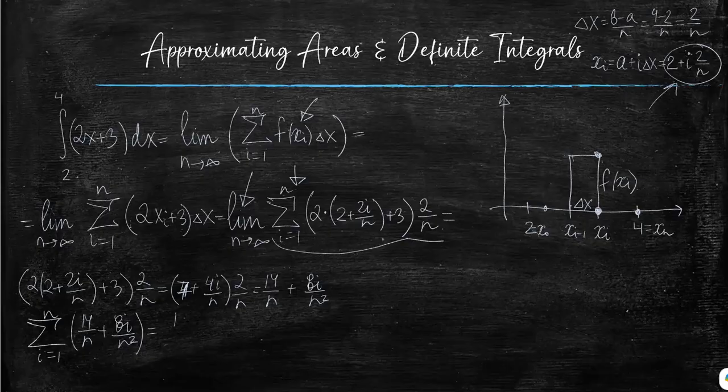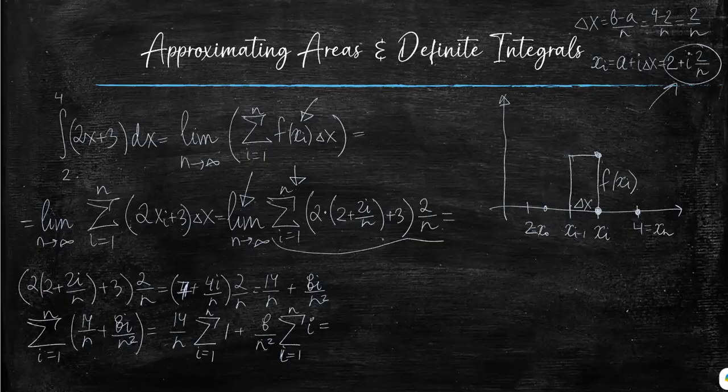So we have 14 over n, we're using linearity, so we take out 14 over n. n is a constant, so we can take it out, and we have 1 over here. Plus, we take out 8 over n squared, and we have sigma of i. So pretty much you can take anything out except i.